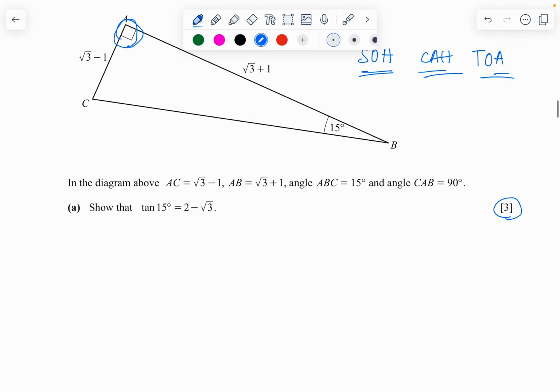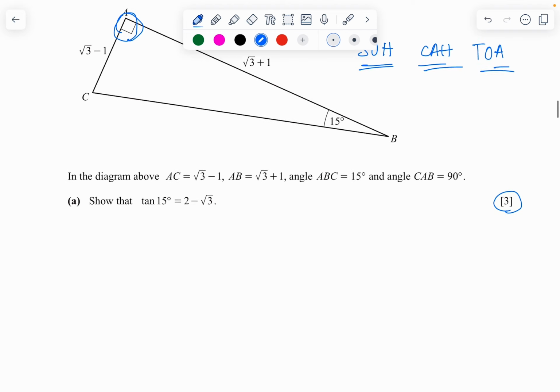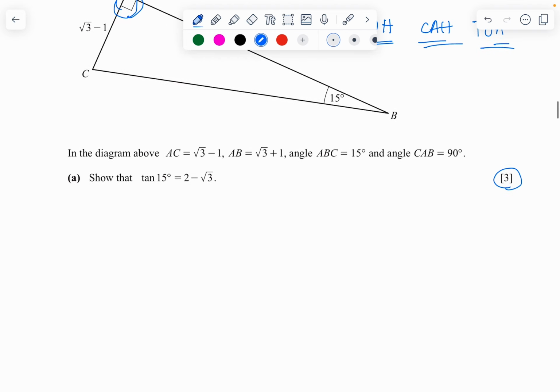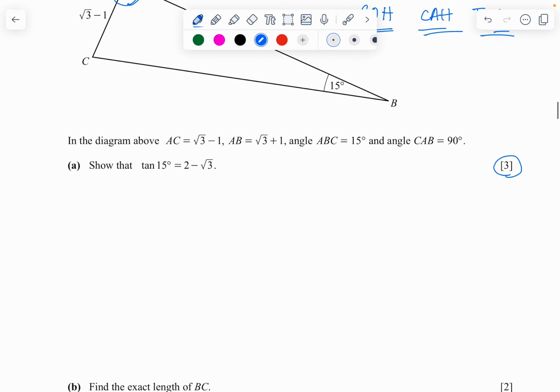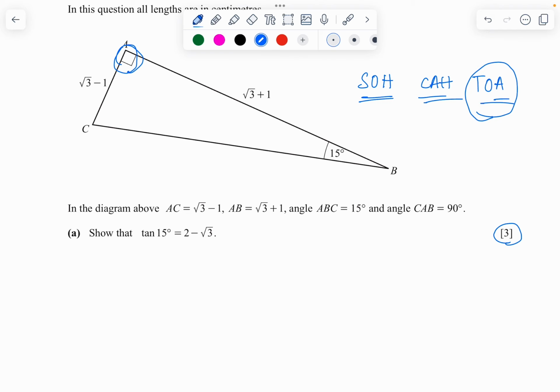Since it already says show that tan, we cannot use the sine and cosine rule anyway. So SOHCAHTOA, we must use TOA, right? This is opposite and this is adjacent.